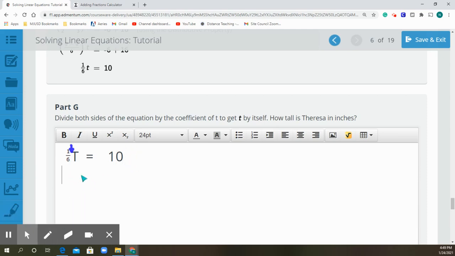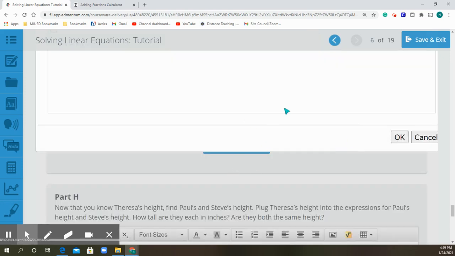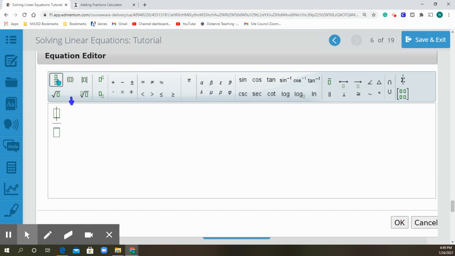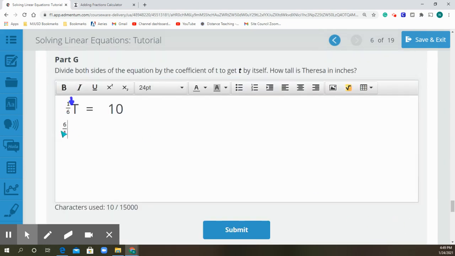I don't know how to make that much clearer, but let's use our equation editor here. And 6 over 1. Okay. So in order to get rid of this multiplication 1 over 6, we're going to divide by 1 over 6, which is the same as multiplying by 6 over 1.